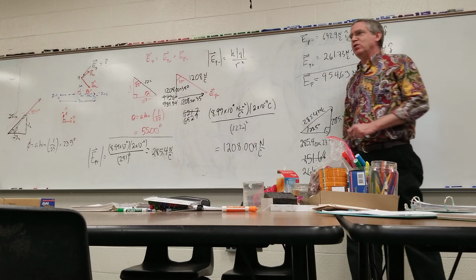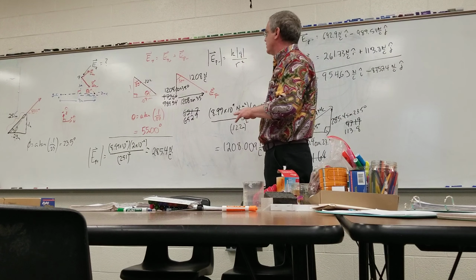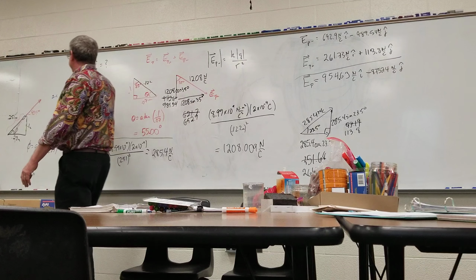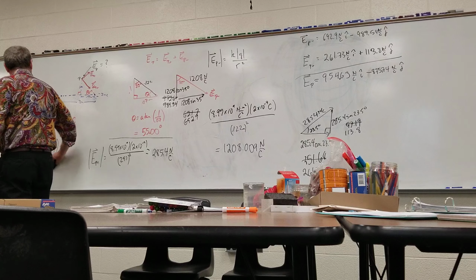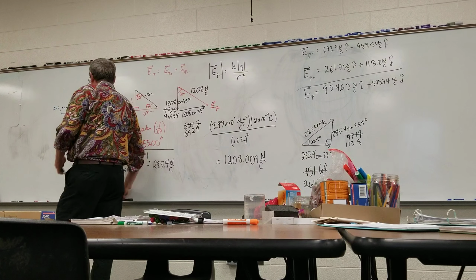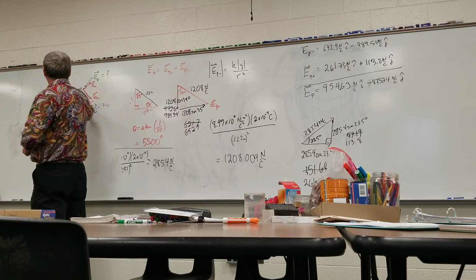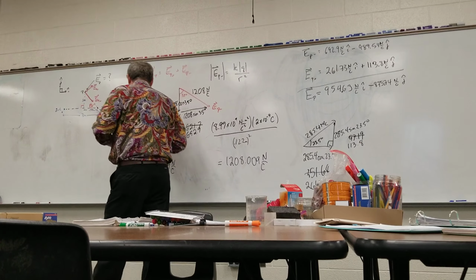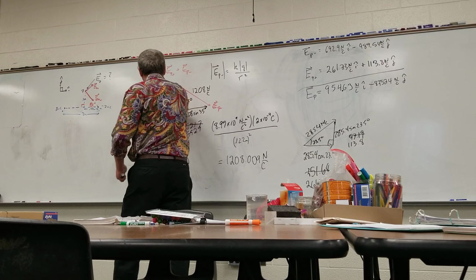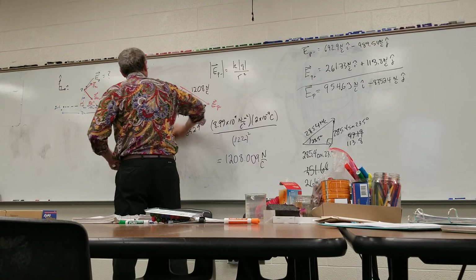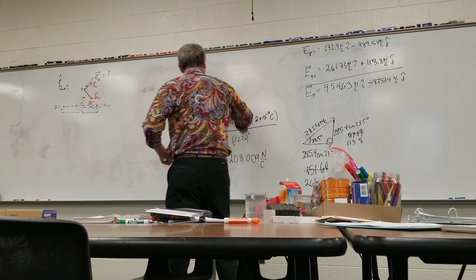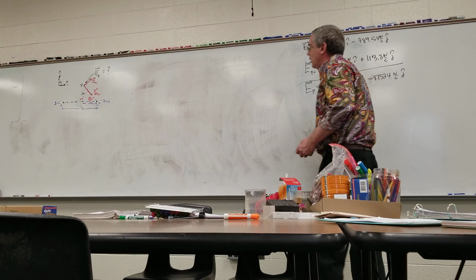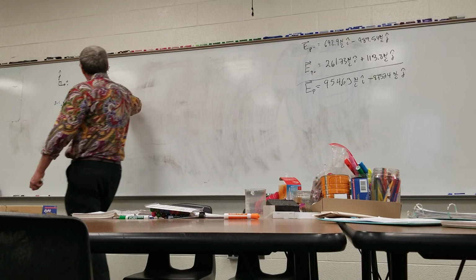All right, I'm gonna do a similar problem to what we have right here. I'm gonna change it slightly, so let me erase most of it. I guess we still need a point system. So we just found the entire electric field for that, found the amount from each of the particles.